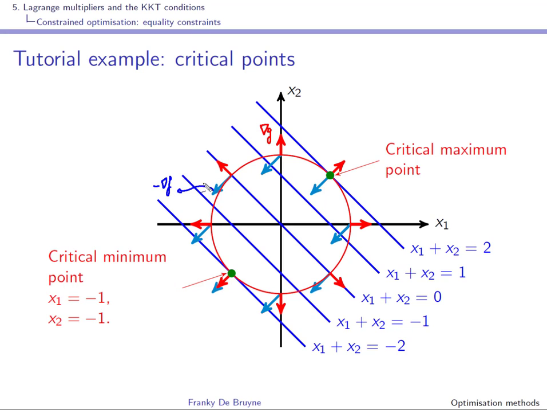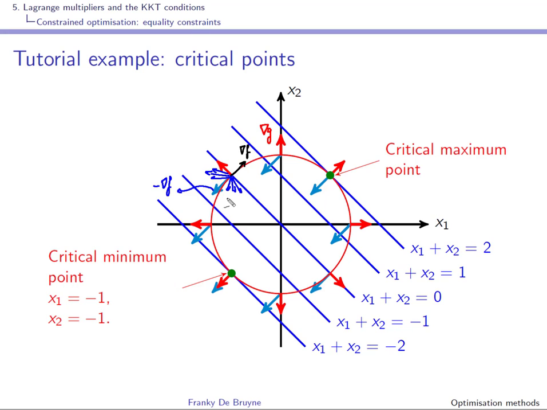Remember that minus the gradient of f corresponds to the direction of steepest descent, but of course there will also be other directions of descent, right? Remember that this is the gradient of f, and directions such that the angle is larger than pi over 2 and smaller than 3 pi over 2, as indicated over here, all correspond to directions of descent, right?